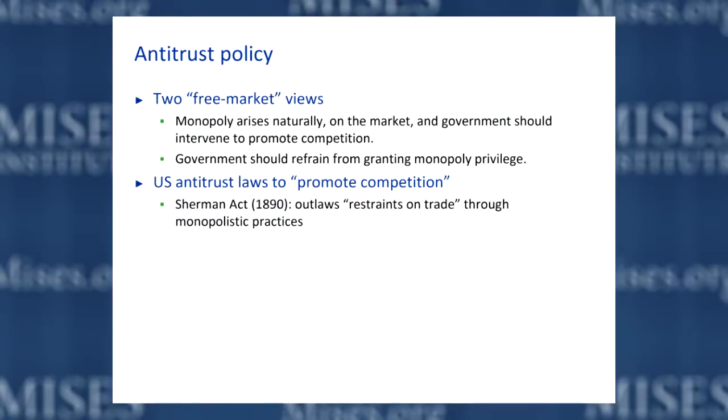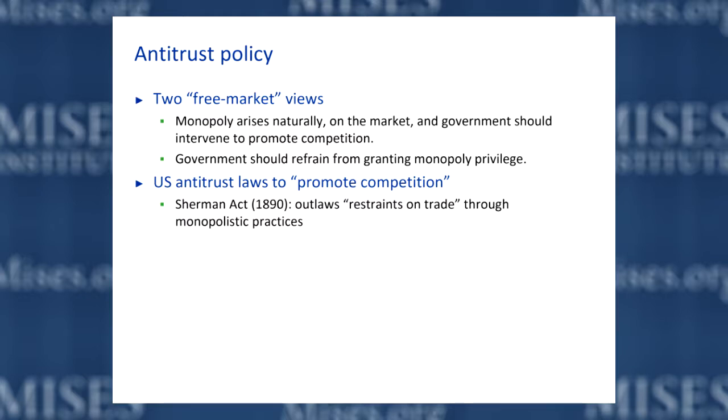So using the U.S. as an example, because most countries have something similar, in the late 19th century, there were a number of important pieces of legislation passed by Congress, the most important being the Sherman Act, named after one of its sponsors, Senator Sherman. This was the first major piece of antitrust legislation in the United States, and one of the first in the world.